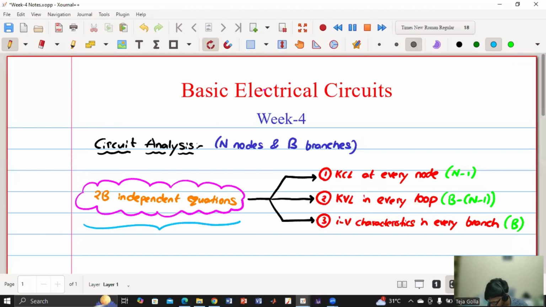So for each branch we need one voltage and one current to find out. So we have to find b voltages as well as b currents.